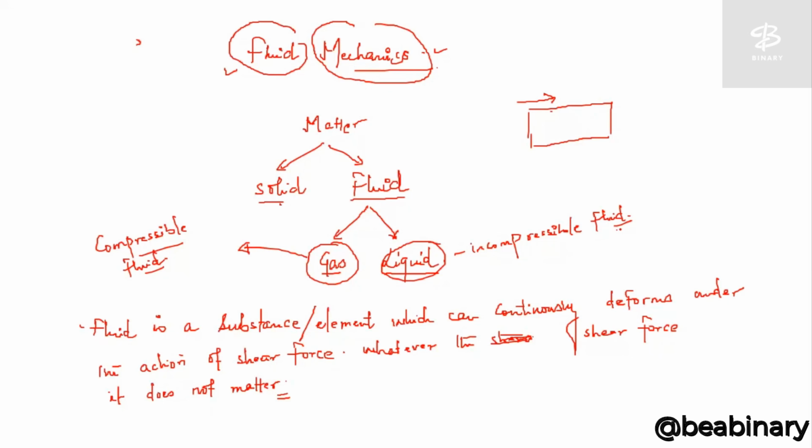So what is the difference between compressible fluid and incompressible fluid? As the name indicates, suppose I have a container with some gas, and another container with a liquid, that is A and B. If I apply a force or pressure of the same magnitude on containers A and B, then what happens? The gas can be compressed, the volume decreases due to the pressure, but the container which has the liquid, the volume does not decrease.